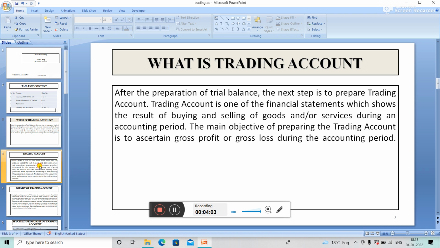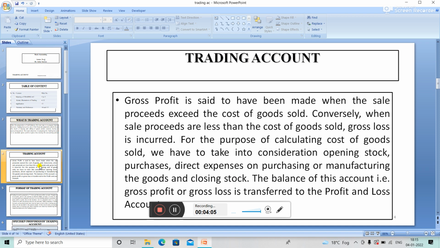Now, let us talk about what gross profit is and when it comes. In the trading account there are two sides: one is called the debit side, and the other is called the credit side. On the debit side, we include all the direct expenses related to the manufacturing or the purchases that a business house has done.